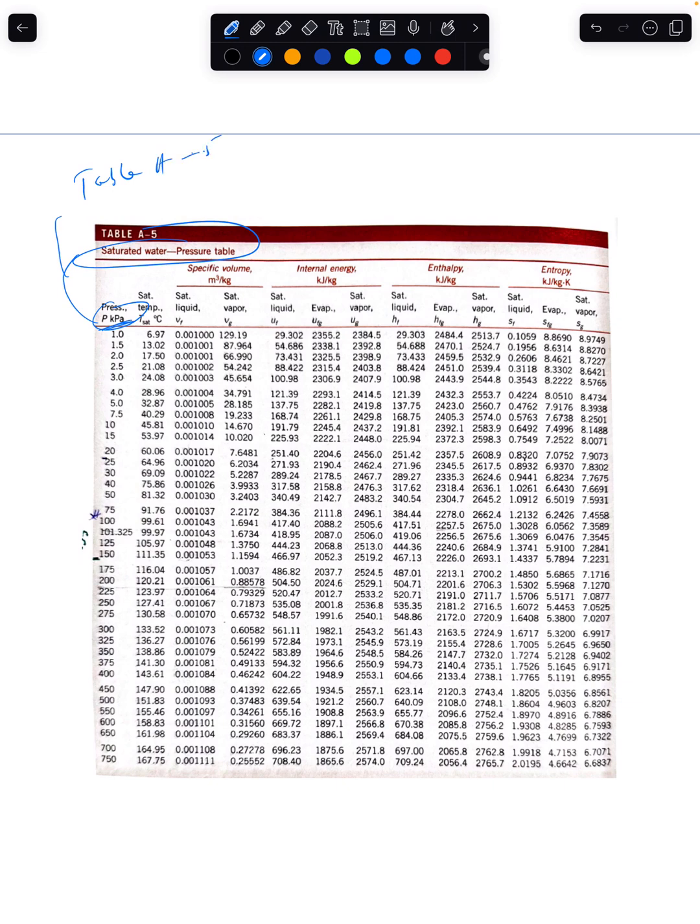At a pressure of 300 kilopascal, I'm looking for H vapor, Hg at 300 kilopascal. So I'm coming.